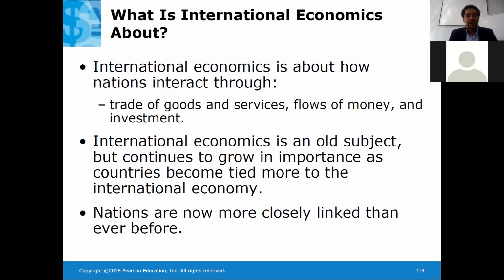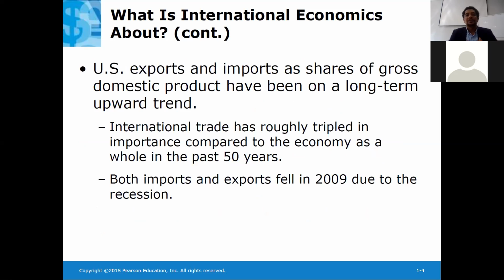Okay, and for example, the US exports goods and services to other countries, but at the same time, the US also imports goods and services from other countries.